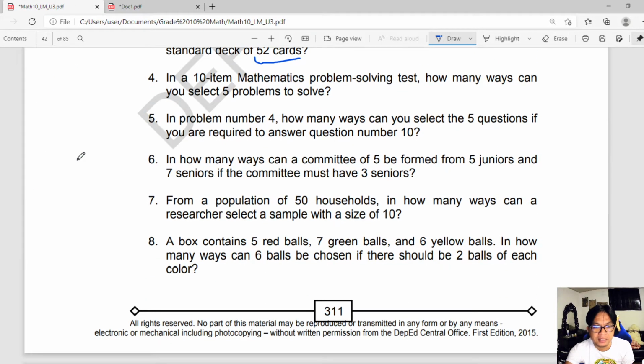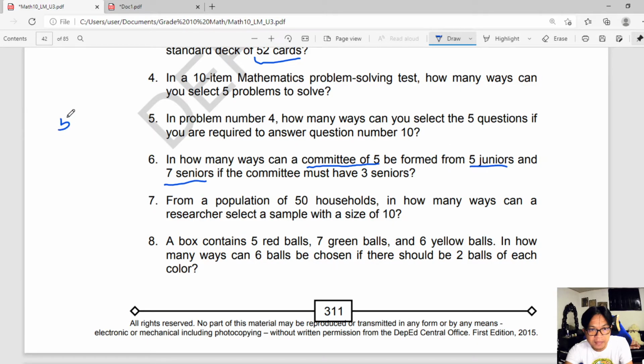Okay, number 6. In how many ways can a committee of 5 be formed from 5 juniors and 7 seniors if the committee must have 3 seniors? Okay, yung committee, meron tayong, ilan na yung magagawa na committee of 5, no? So, meron tayong 5 juniors and 7 seniors.